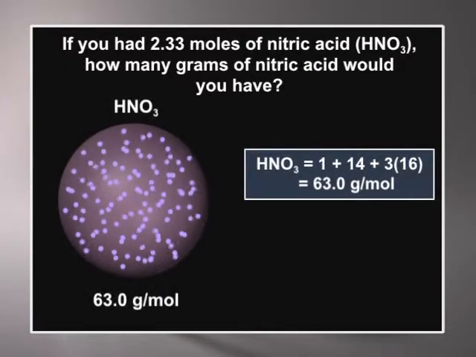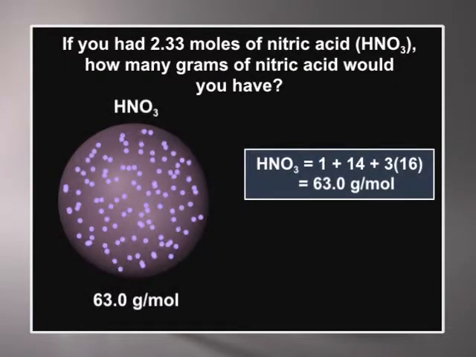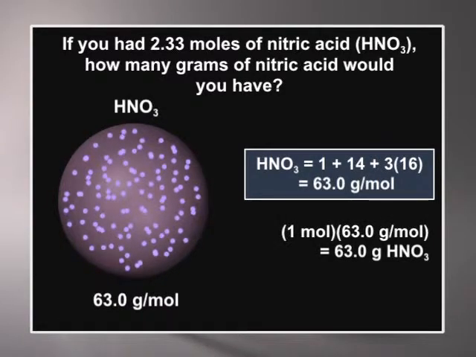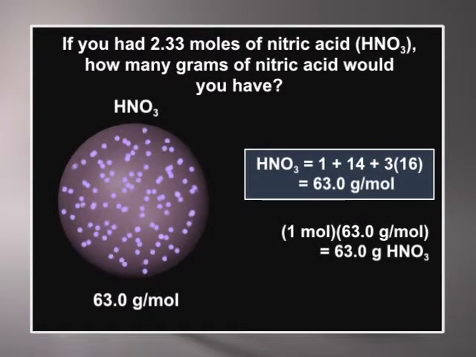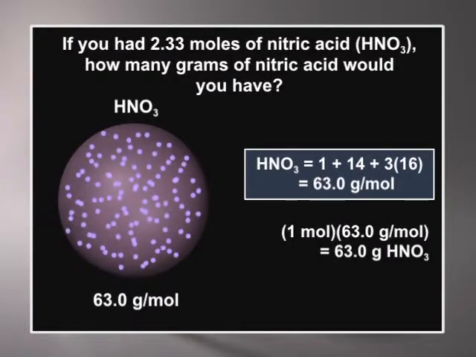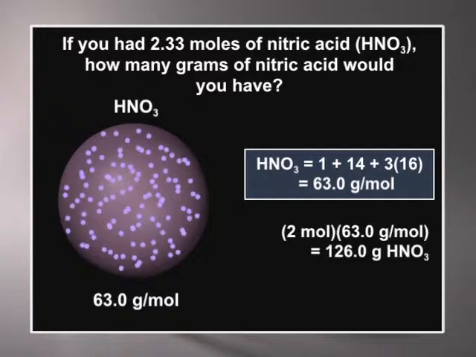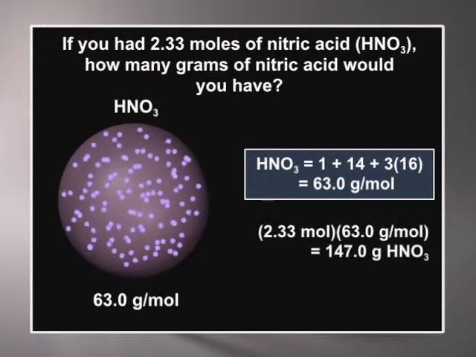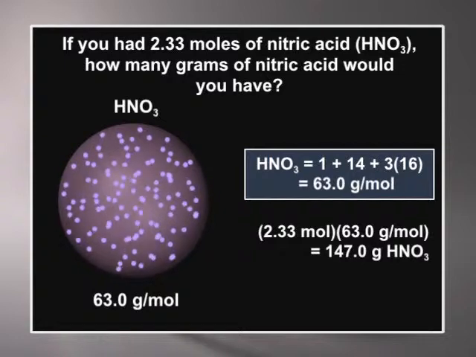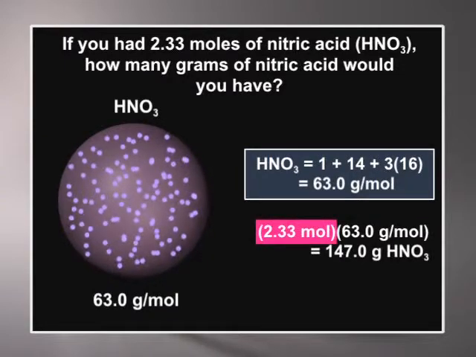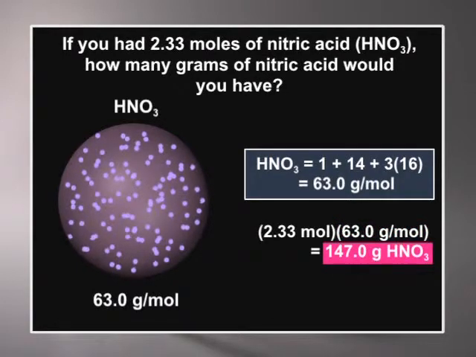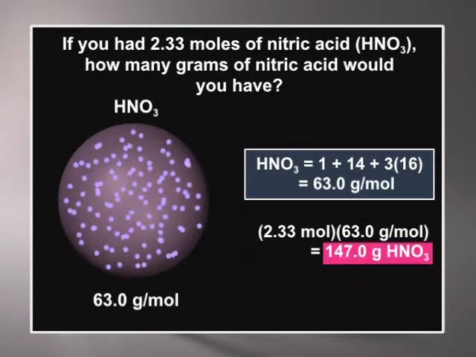Well, nitric acid weighs 63 grams per mole, as shown on the screen, so 1 mole of nitric acid would weigh 63 grams. And now you just apply the same logic. If 1 mole weighs 63 grams, then 2 moles would weigh twice as much. And 2.33 moles would weigh just 2.33 times as much, which comes out to be 2.33 moles times 63 grams per mole for a total of about 147 grams.